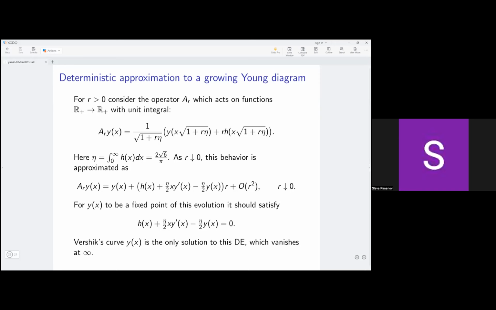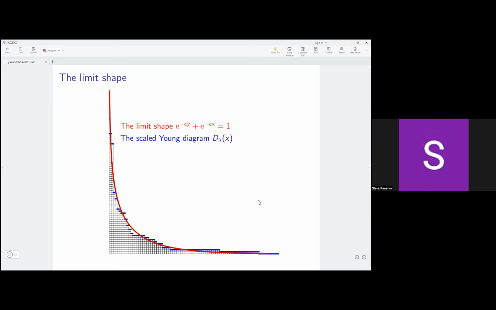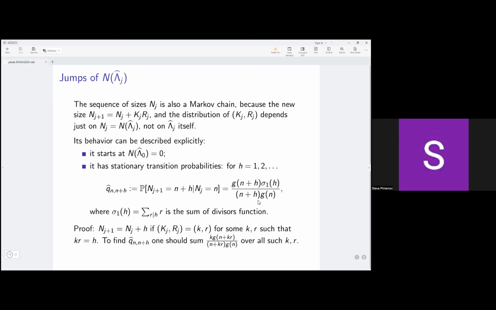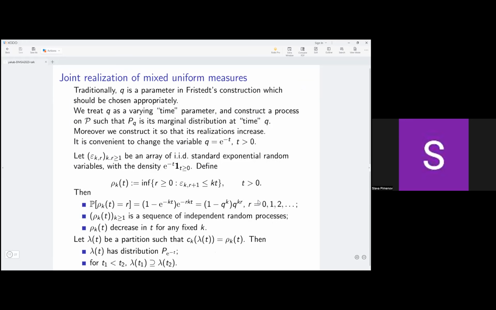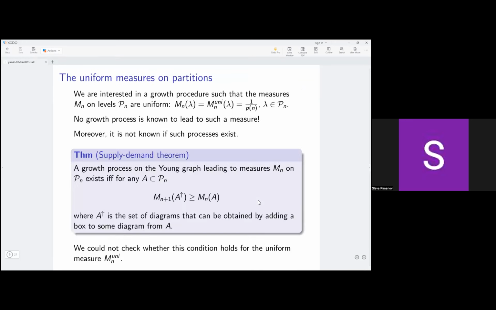Yes. So back in the beginning, you talked about the uniform distribution. And you said that if we want to check that there is a process that leads to this uniform distribution, we have to check some inequality. And that inequality involved a subset of diagrams. So it seems to me that if you look only at a subset consisting of a single diagram, then you can check if it's true or not. Can you say something about that?